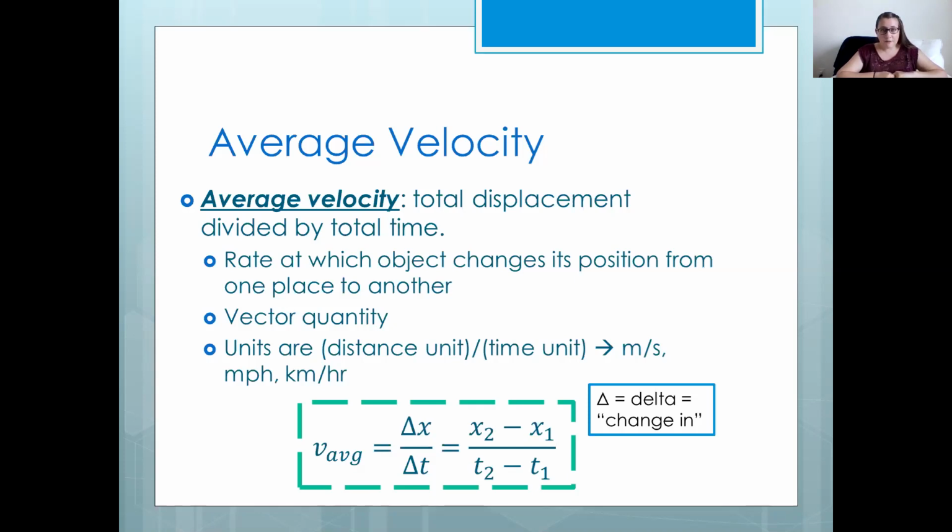If you drive to Miami and you spend the day there and then you drive back, what is your average velocity? Think about it.